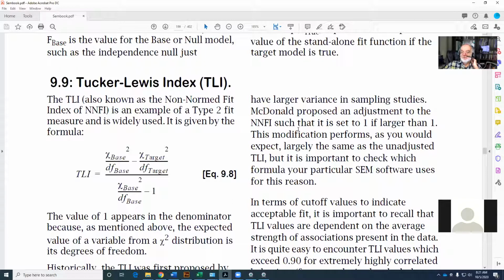At which point McDonald published an article that said, okay, we'll do a modification of the TLI. If we estimate the TLI to be 1.1, we're just going to call it 1. And so that's the reason that the modification doesn't appear in a printout, it's just understood. You could just call it the number 1.